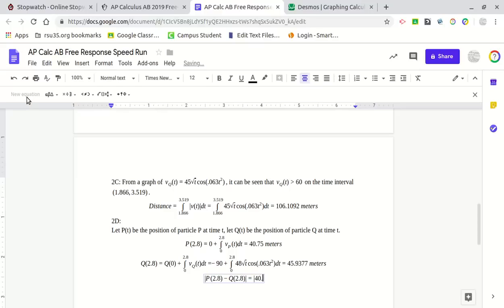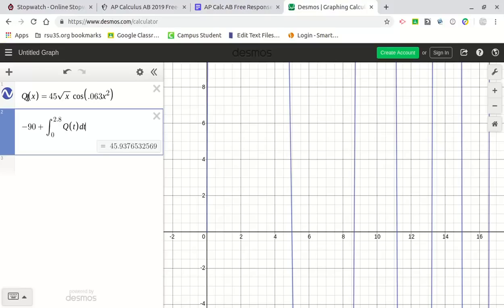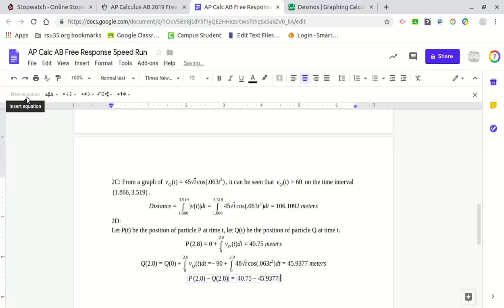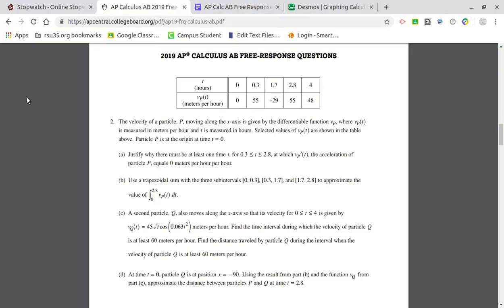So absolute value of 40.75 minus 45.9377. I'm going to use this, so we put that in parentheses. Okay, and then 40.75 minus that is 5.1877. 5.1877 meters. And I think we are done there.